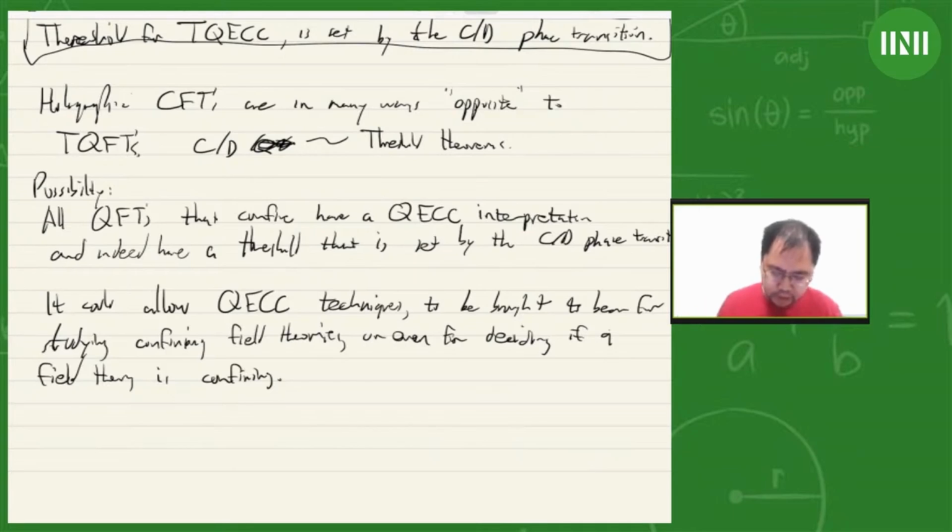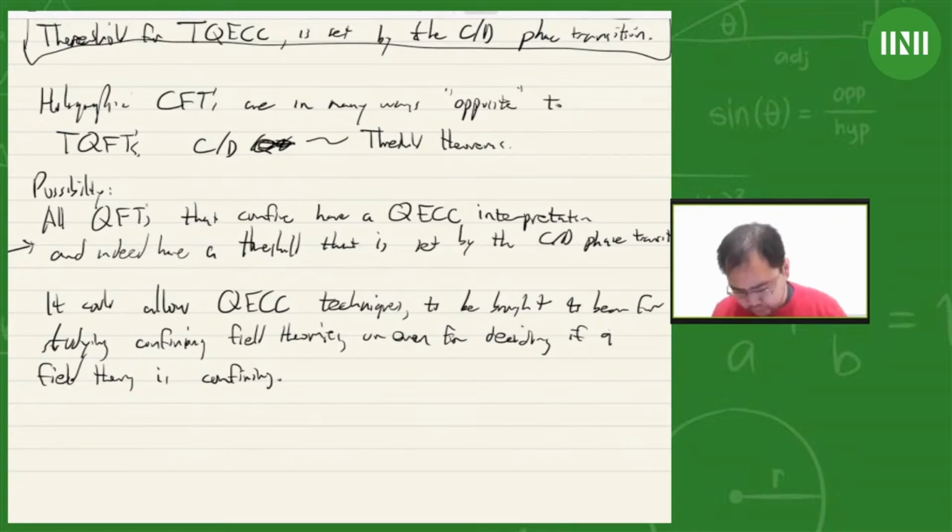What I mean by that is that if you can somehow prove that a quantum field theory either cannot have a non-trivial quantum error correction interpretation, or that it cannot have a non-trivial threshold, then if this conjecture is true, that might allow you to say that that quantum field theory cannot be confined.